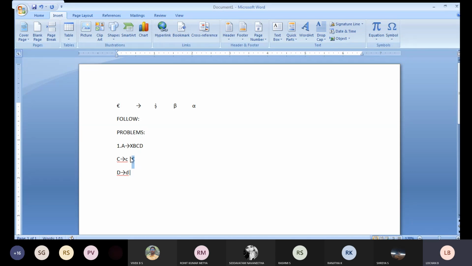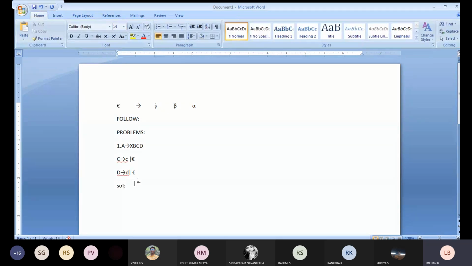If you completed this problem, you just inform me. We will move to the solution. Once you copy this question, I'll make the size 14. Once you completed this one, you just inform me, I'll move to the solution. This is with respect to follow. Yesterday we discussed one or two problems.